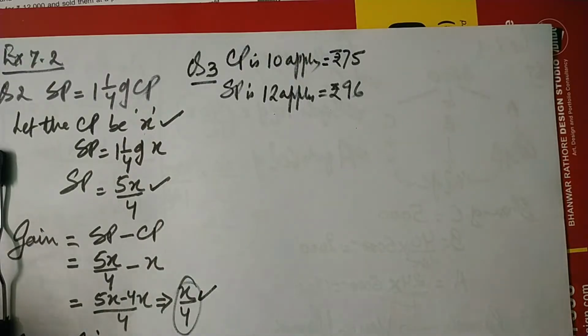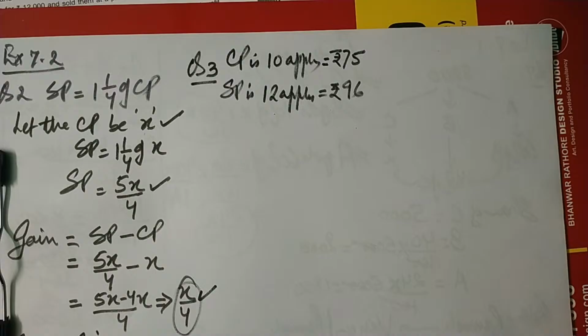CP is also given and the selling price is given, and you have to find whether there is gain or loss. So first let's see what is the cost price. So you will use unitary method here. Find the cost price of one and find the selling price of one.